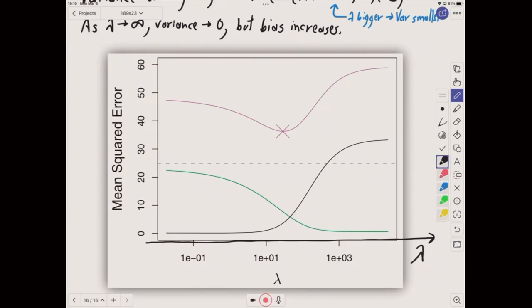The vertical axis is the amount of error, and you might ask, training error or test error? No, just the test error, sorry. Test error.